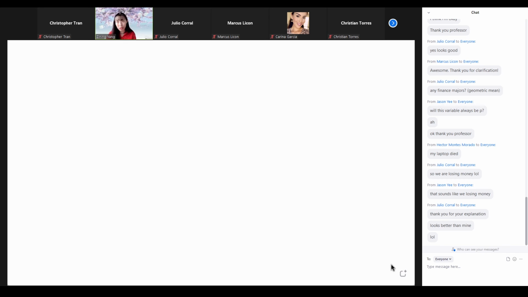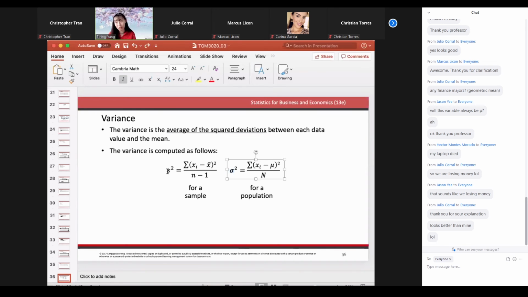Sample variance is an English letter. It's S squared. It's a small s, not a capital S. It's S squared, meaning sample variance. So make sure you use the right notation, right? Population, we use population mean. Sample, we use sample mean.